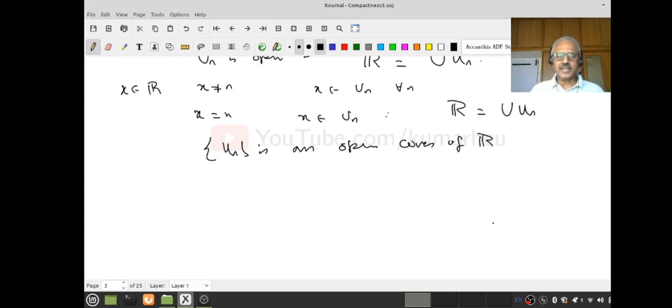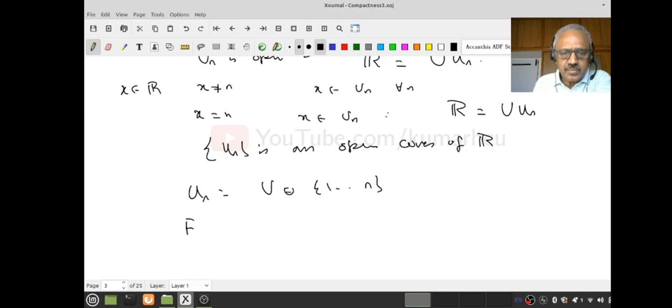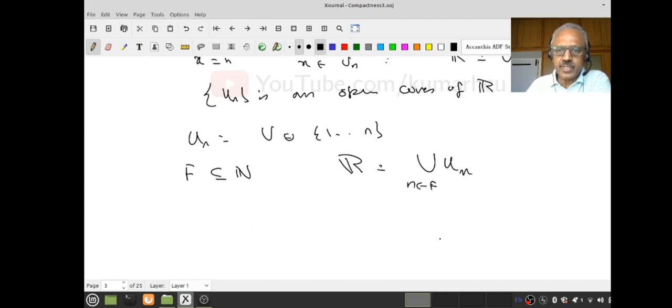Now does it admit a finite subcover? Suppose it admits a finite subcover. Now you know the trick. Looking at my U_n, the first case, union 1 to n, suppose there is a finite subcover indexed by F, so that R equals the union of U_n, n in F. Now F is a finite subset of natural numbers, therefore it has a maximum.